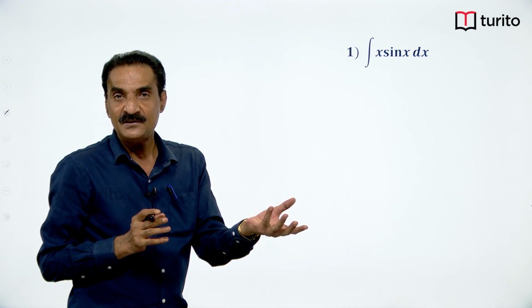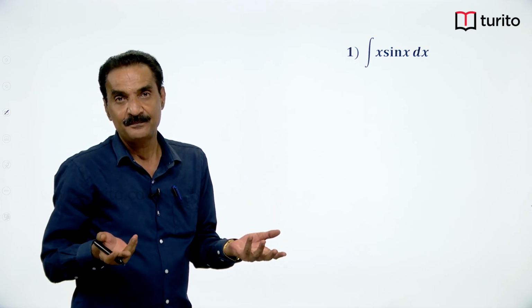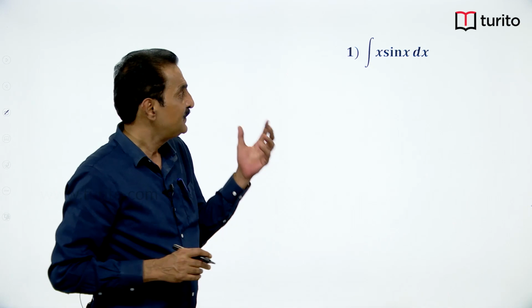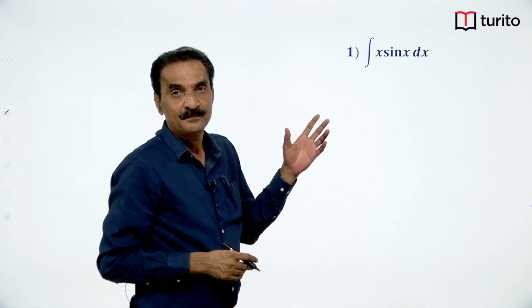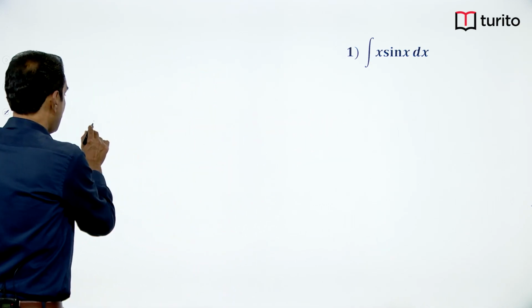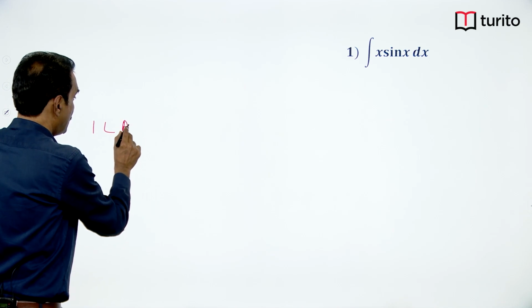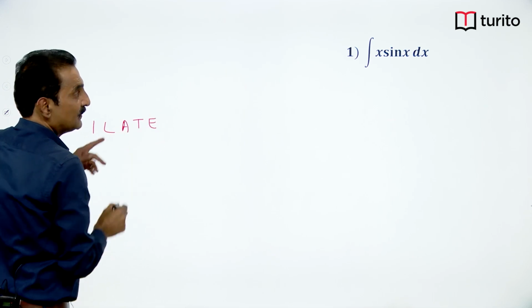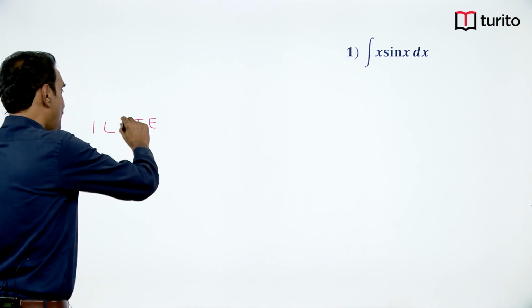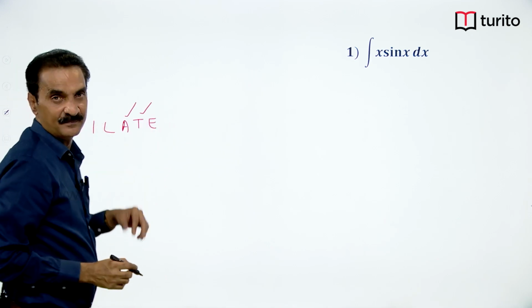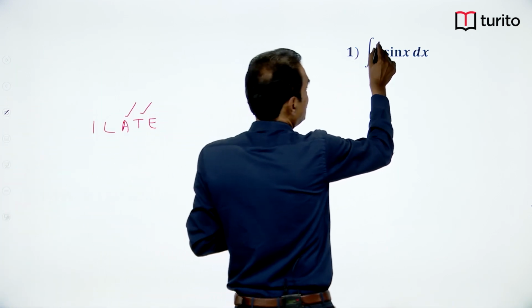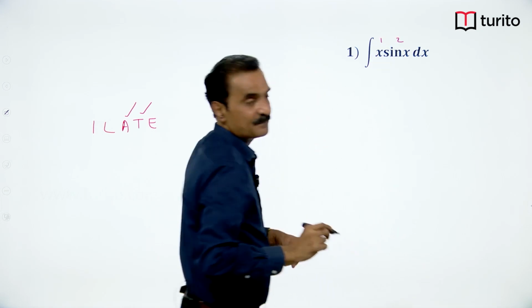Okay. Algebraic and trigonometric are dissimilar. Among them, which is first function according to ILATE rule? Algebraic and trigonometric. Algebraic is first, trigonometric is second. So, this is first function, this is second function.